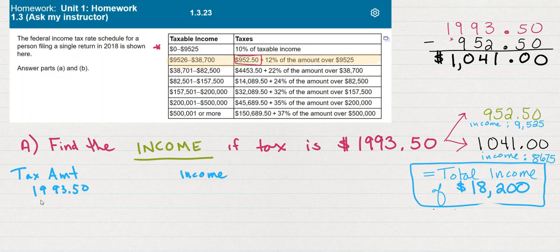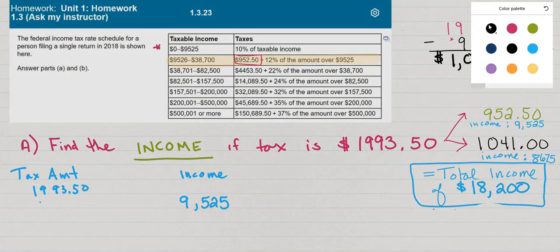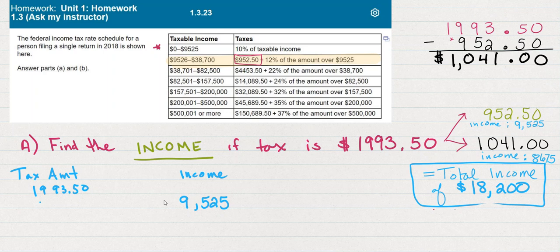For an income of $9,525, the tax amount would have been 10% of that, or the tax amount would have been $952.50.